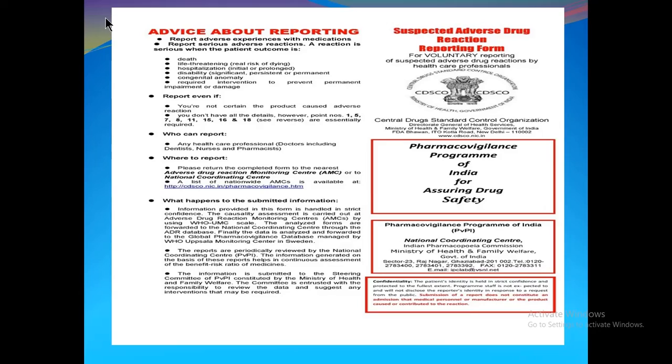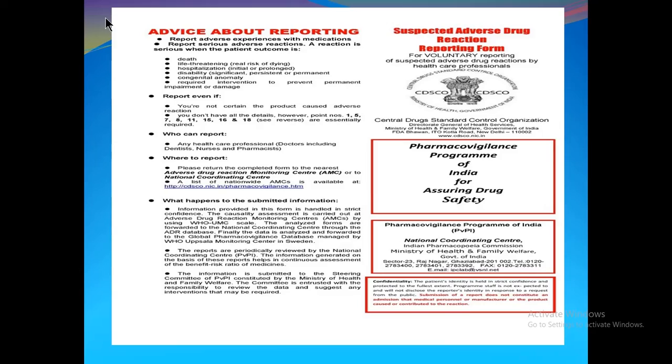Information provided in this form is handled in strict confidence. The causality assessment is carried out at adverse drug reaction monitoring centers, that is AMC, by using the World Health Organization UMC scale. The analyzed forms are forwarded to the National Coordinating Center (NCC) through the ADR database.